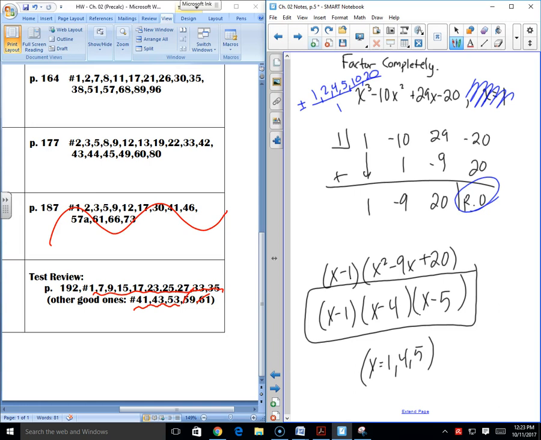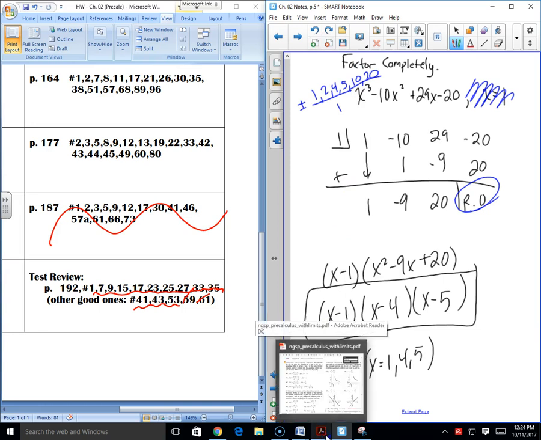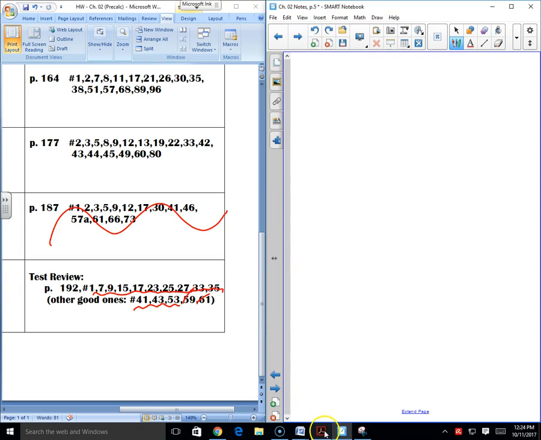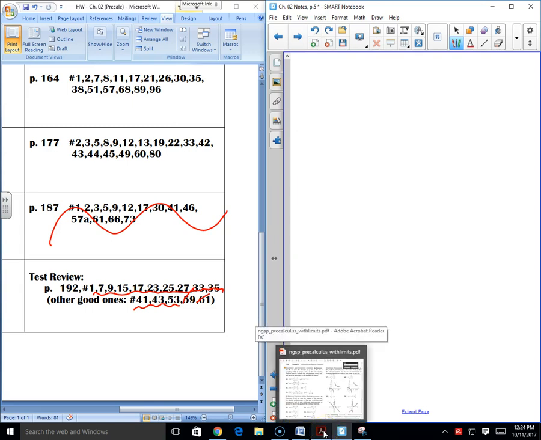What's up? Yeah, for number 5, I multiplied everything, distributed, but then I didn't know how to continue from there and simplify. Here's why. When you foiled, you should have gotten 15, you might have had this in a little different order, plus 6i minus 5i minus 2i squared. Yes, exactly.